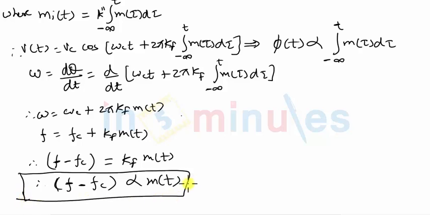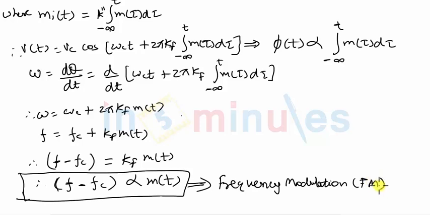And as per the definition, because frequency is proportional to the modulating signal amplitude, what we get is frequency modulation. So the signal that we had considered, in which the phase was proportional to the integration of the modulating signal, turns out to be a frequency modulation.